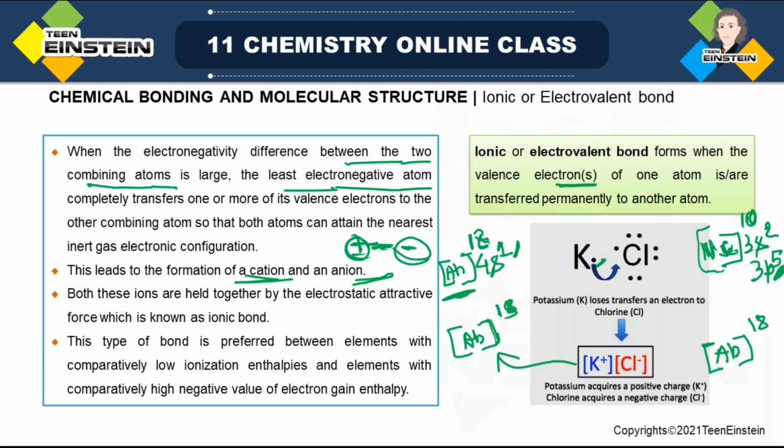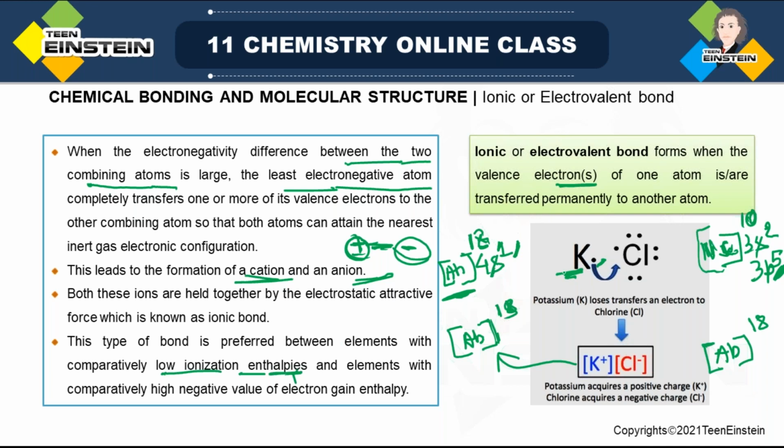This type of bond is preferred between elements with comparatively low ionization enthalpy. Remember, we have learned about ionization enthalpy in the periodic table unit. So ionization enthalpy is applicable for which element? It is for potassium, because potassium is donating an electron.